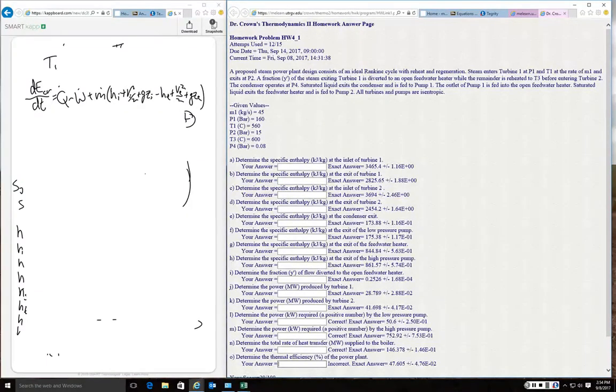And I'm going to note that the velocity at the inlet and the exit are about the same, the elevation at the inlet and exit are about the same, so no change in kinetic or potential.